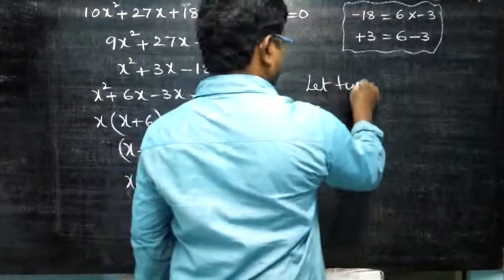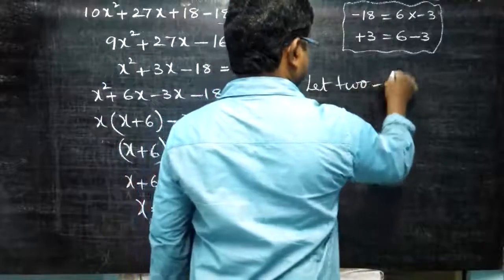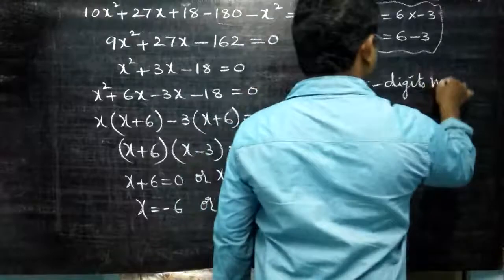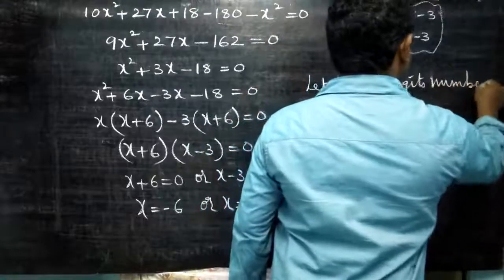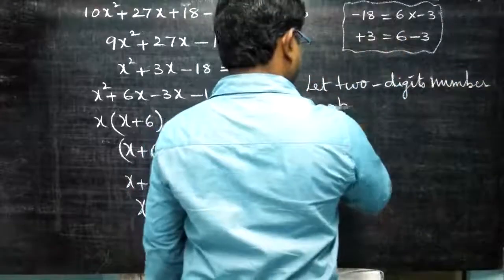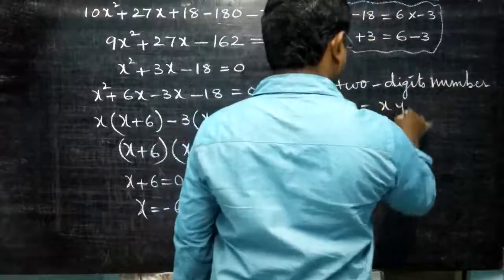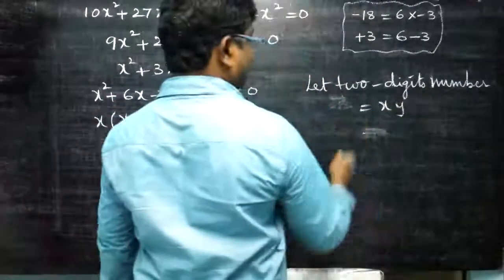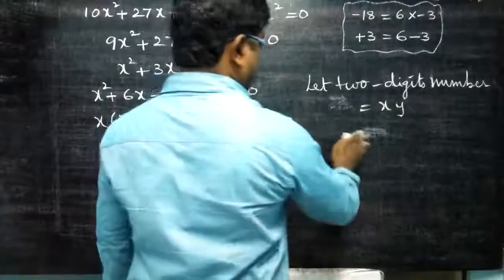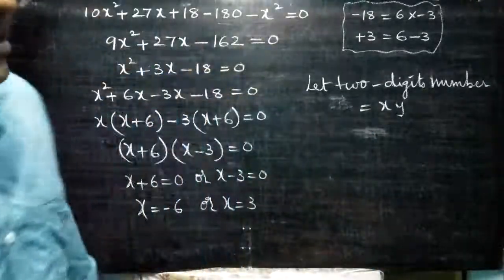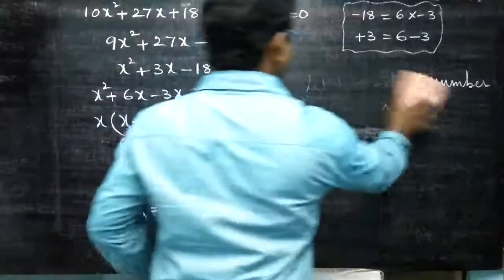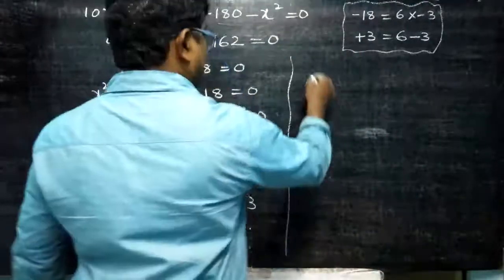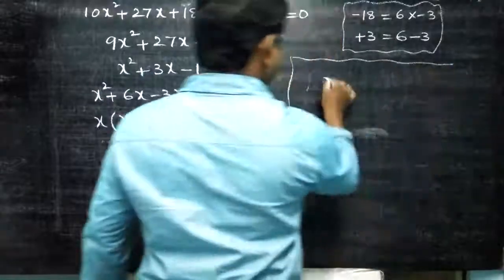What did we think? Let the two-digit number be xy, we thought. x, how much did we get? 3. We have to find y. First find y, afterwards you can write the number. Take x is equal to 3.